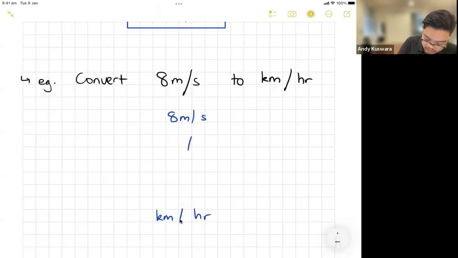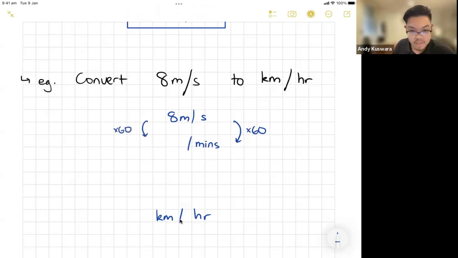Okay, now how do I get from seconds to minutes? There's 60 seconds in a minute, so I need to times it by 60. And if I times it on one side, I need to times it on the other. So I'm going to go 8 times 60, and I know that should be 480. And just to make sure I don't forget, I'm going to keep writing my units.